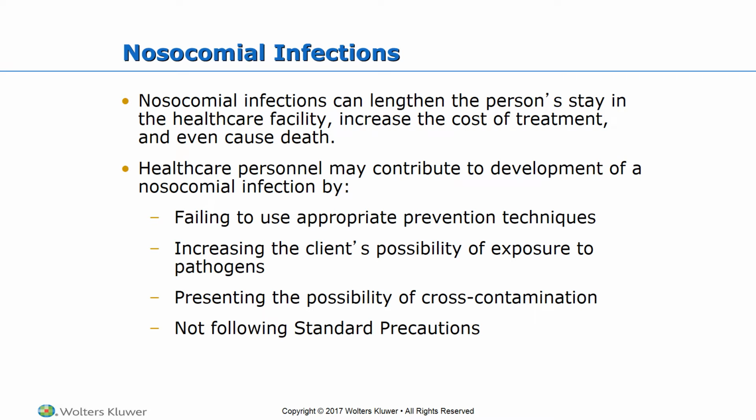Cross-contamination, because we don't just have one patient, we have multiple patients. And not following standard precautions. We'll come to standard precautions later, but very basically, standard precautions, it's in the name. These are standard. These are what we take with all patients, whether they are here to drop off paperwork or here to have surgery. Everything based on standard precautions.